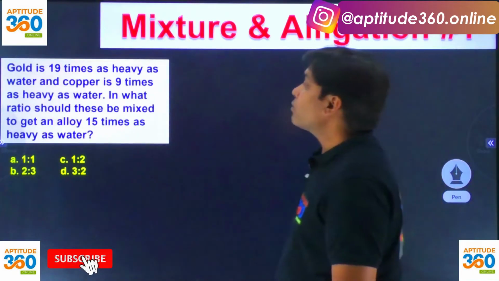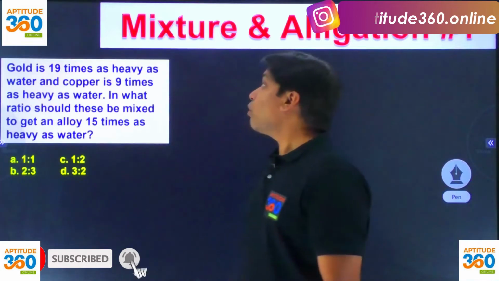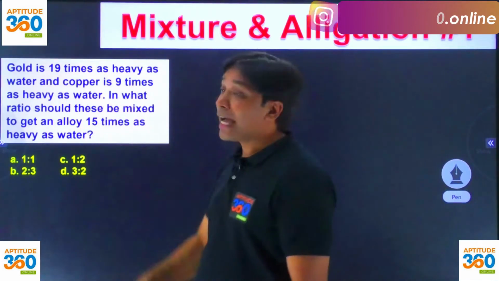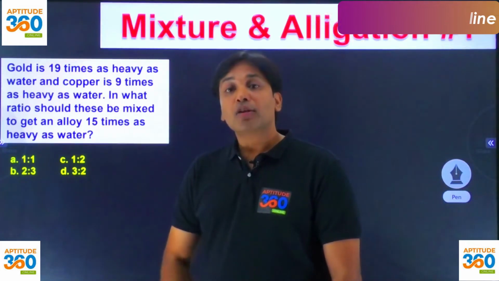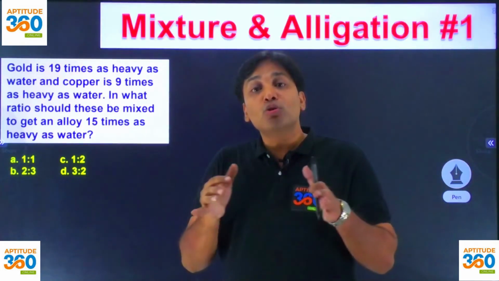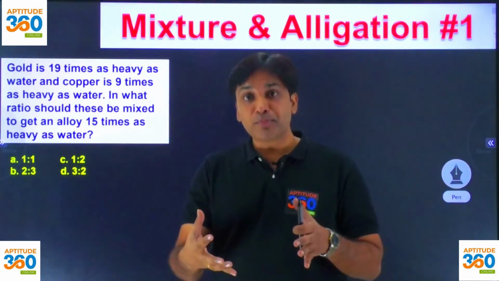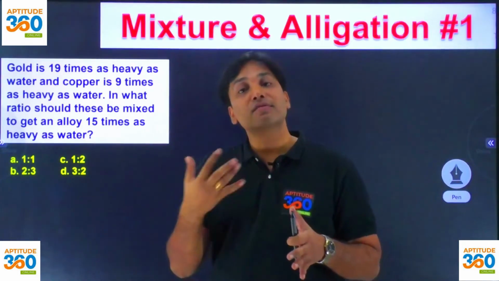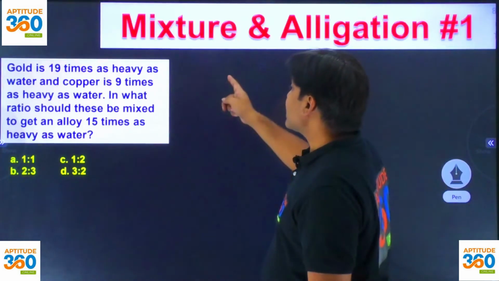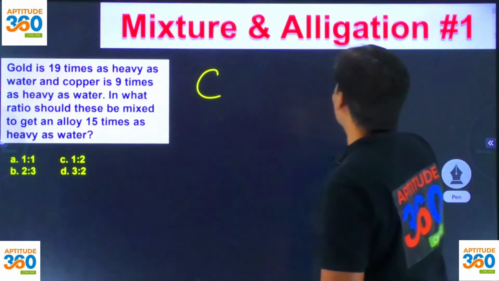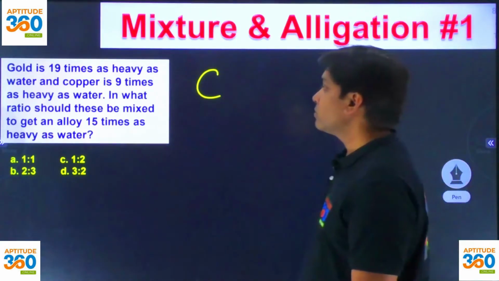All right, we are going to this problem. It says that gold is 19 times as heavy as water and copper is 9 times as heavy as water. So what did I say? When you're mixing two things and then somehow you're trying to form a mixture, then probably you can utilize this formula. This one says that copper, and you're mixing two things, copper and gold.